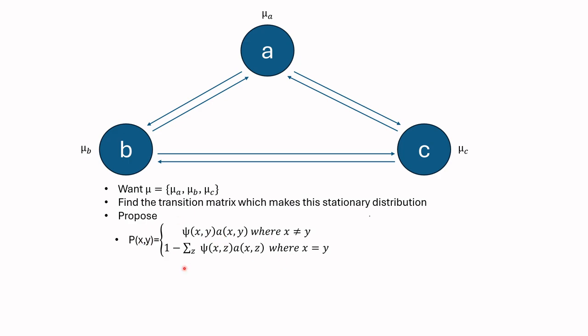if X was A and Y was B. And then down here, this is just another condition where we have to make a special condition if X and Y are the same thing.